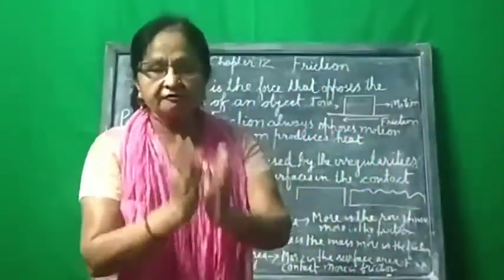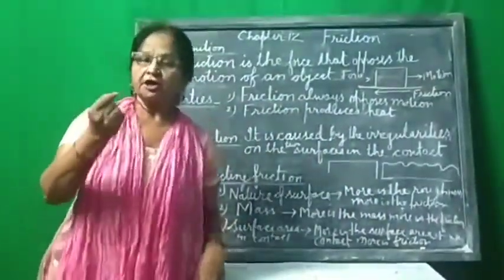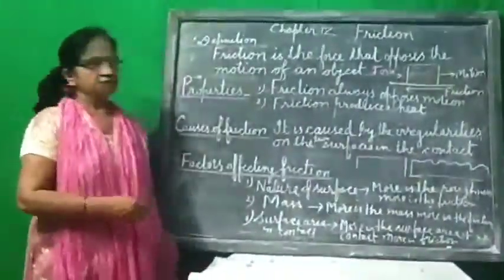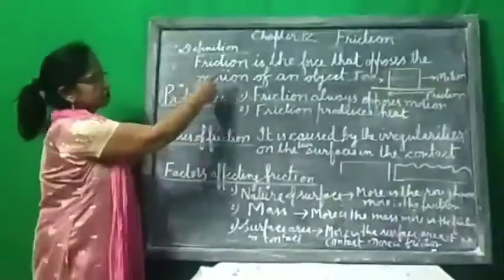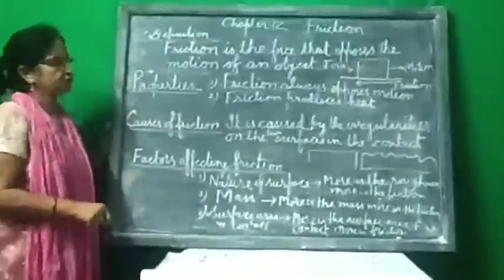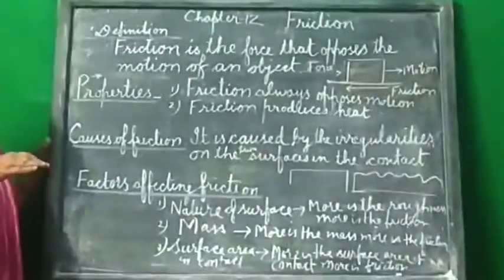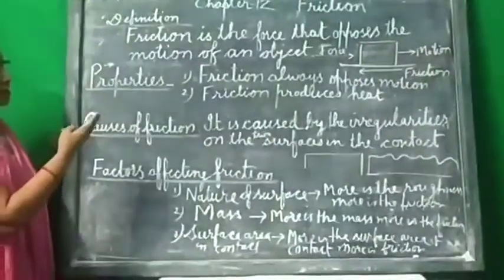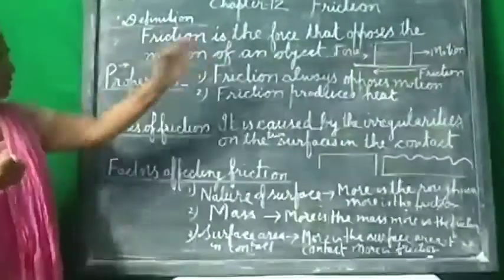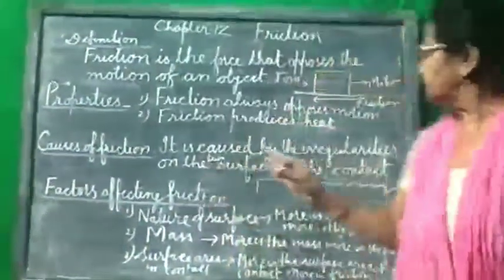So what is friction? The definition of friction we have discussed in the previous chapter in contact forces. It is a type of contact force. So just see here the definition. Friction is the force that opposes the motion of an object. Opposes means it will stop. So we can say friction, एक तरह से force का enemy है. You can understand by example. You can see here a box is there.